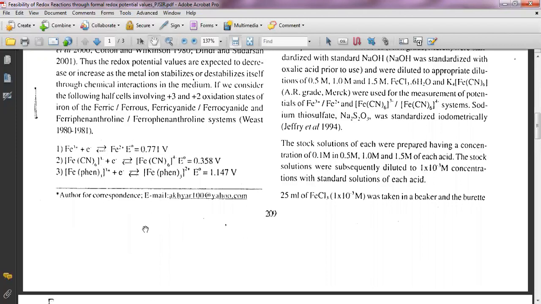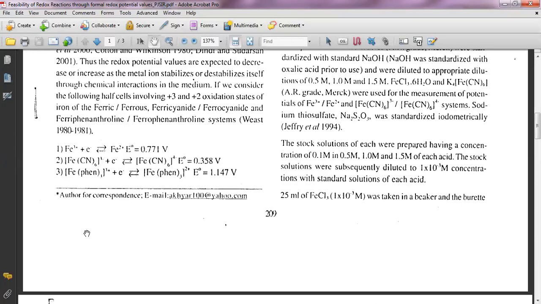What I am going to teach you is that if you look at the redox potential values, these are not the same. The reduction of iron plus 3 to plus 2 is happening in all three, but the potential is not the same. I hope you have got my point.